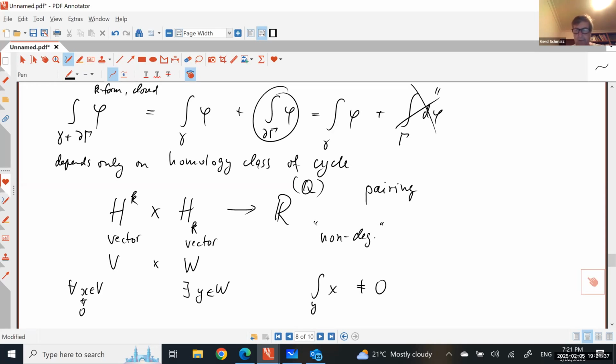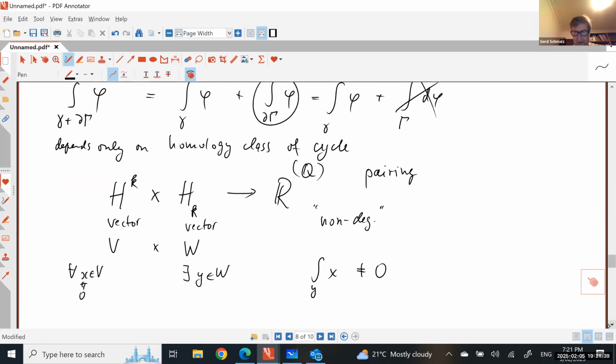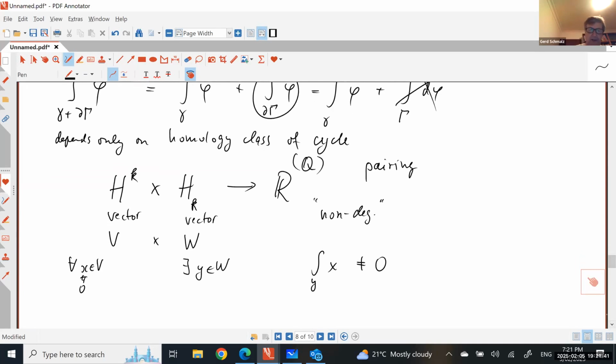That would mean non-degeneracy, and the other way around: for any cycle which is not a boundary, we can find a closed form such that the integral is different from 0. In this case, we call this non-degenerate.